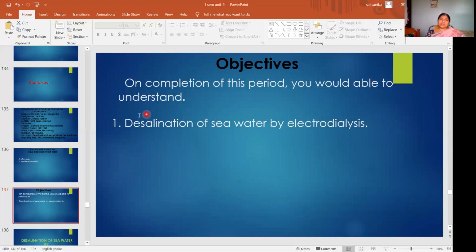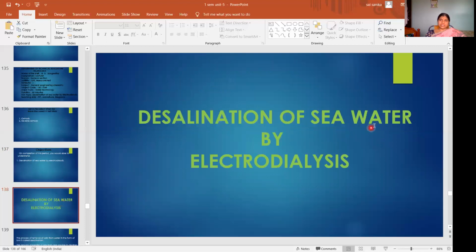Here, in electrodialysis, we remove the salts from seawater by applying an electric field. So today's topic is desalination of seawater by electrodialysis.